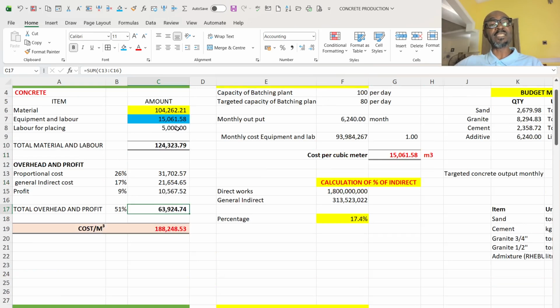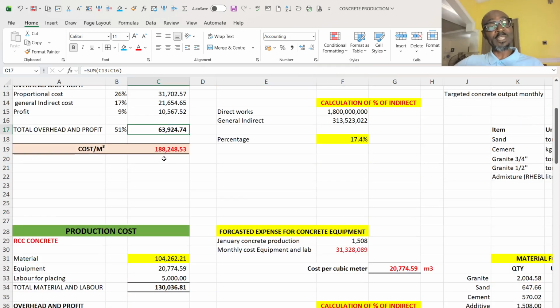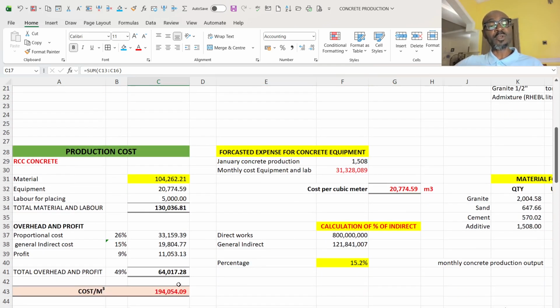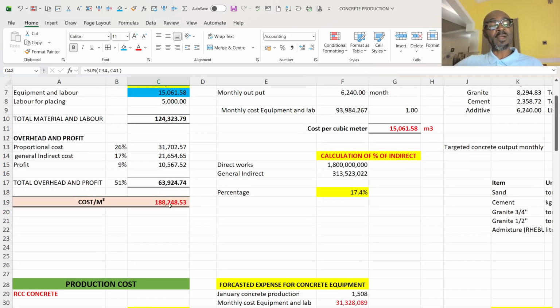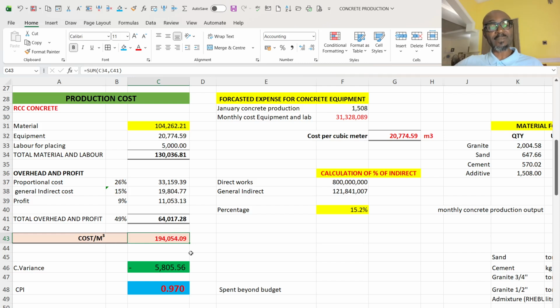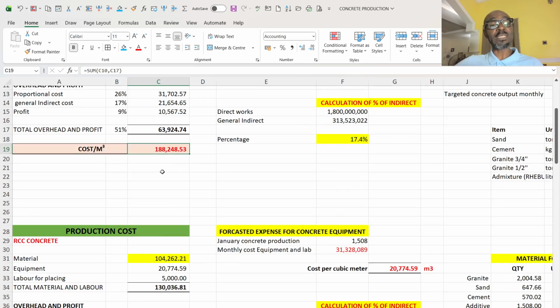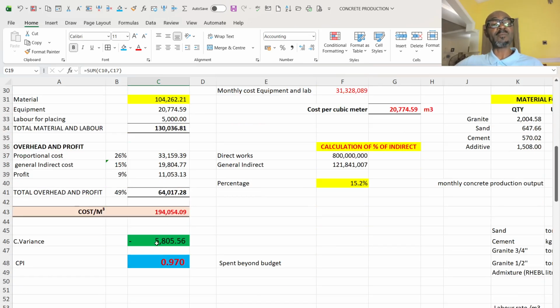That's why I have 130 against 124. So I am already doing analysis to see what has gone wrong. By the time you sum the 264 and 130, I come to 194,000 per cubic meter, as against my budgeted 188,000 per cubic meter.